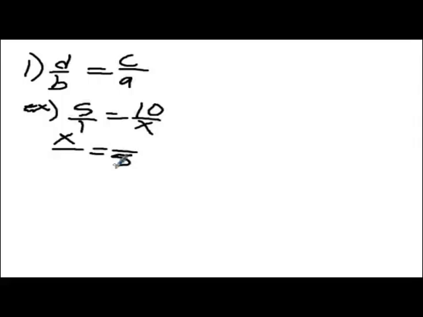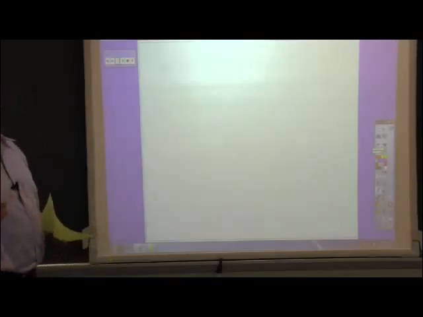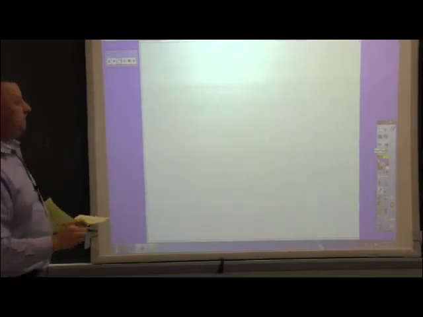Leave the 1 and 10 alone. What's x divided by 1? X. What's 10 divided by 5? 2. You got x by itself. You just solve for x really quick that way.